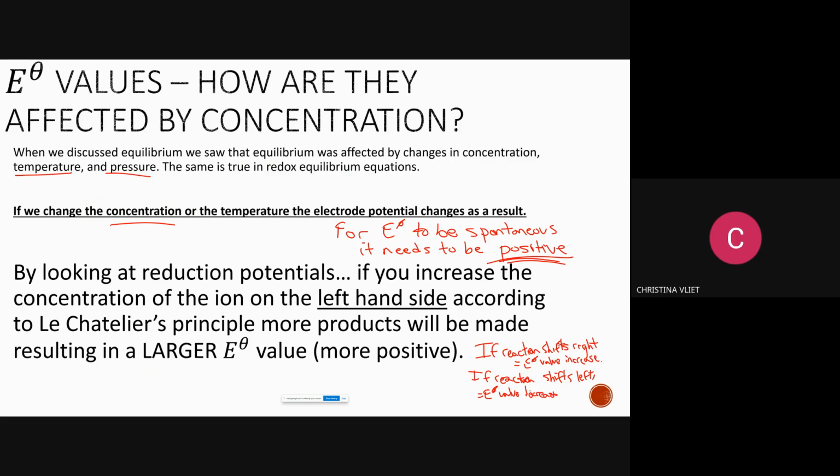Either become less positive or even negative, as your reaction will shift to make more reactants. And so we're going to be analyzing, looking at Le Chatelier's principle, whether our E-values are going to increase or whether they're going to decrease. And this is literally just going to be looking at whether the reaction shifts to the left or shifts to the right.